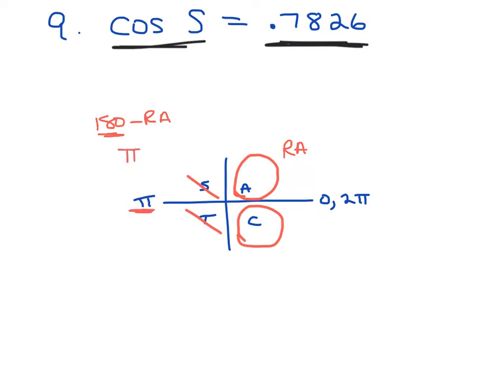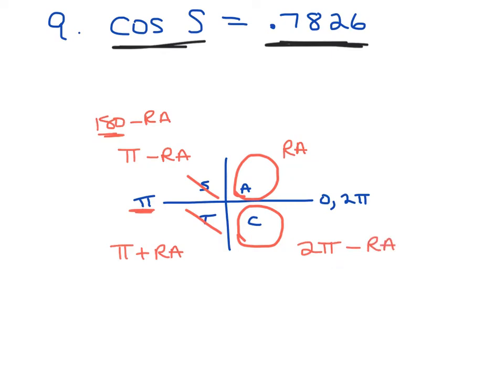So we'll do pi minus the reference angle, and that will give us the measure for quadrant 2. To find the measure for quadrant 3, remember we used to do 180 plus the reference angle. Now we'll do pi plus the reference angle. And lastly, for quadrant 4, we used to do 360 minus the reference angle. Here we're going to do 2 pi minus the reference angle.